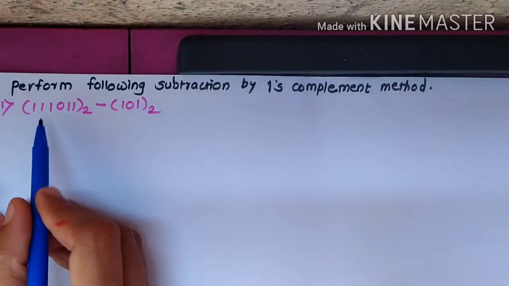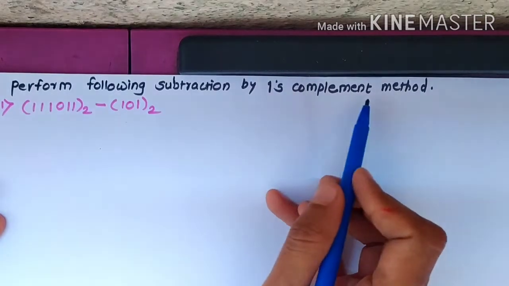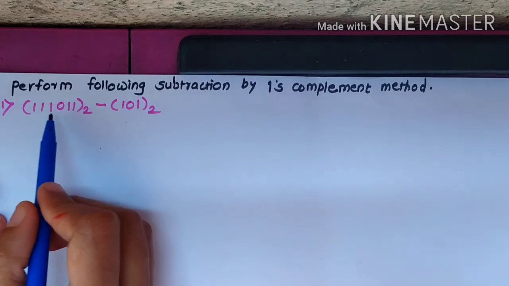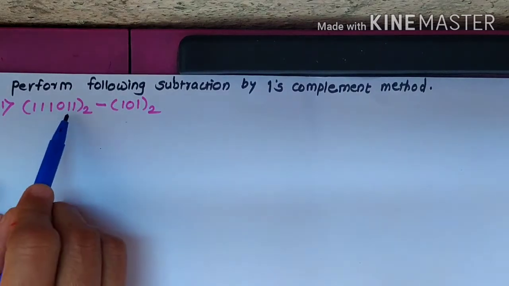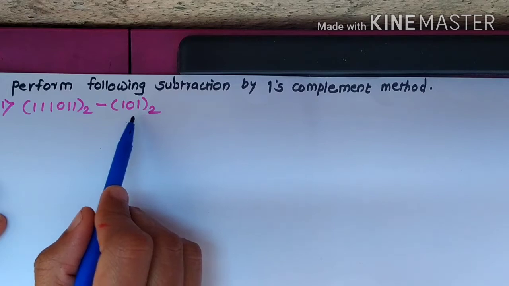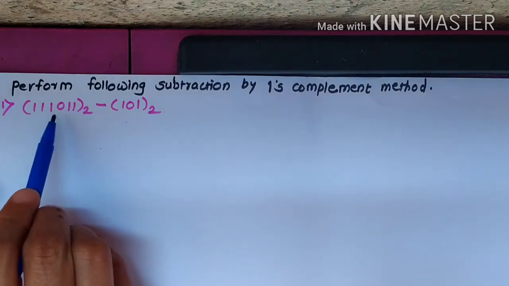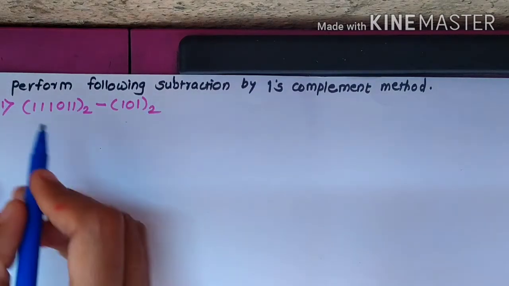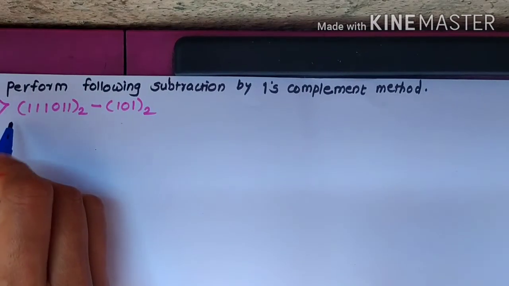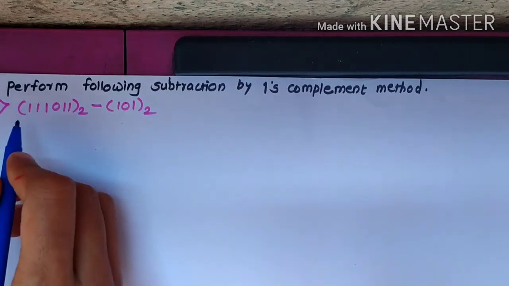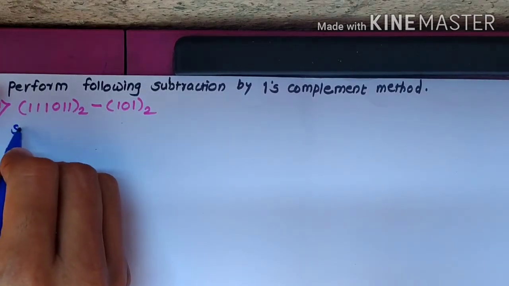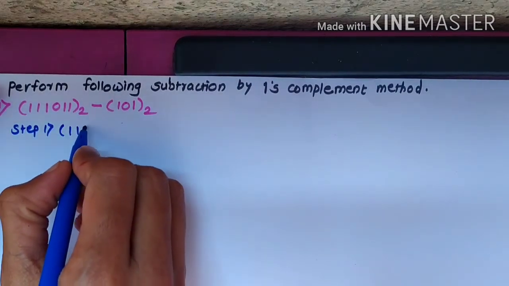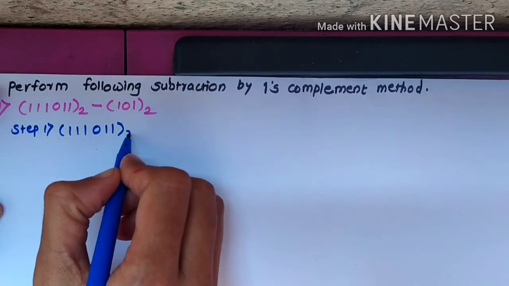Now perform the following subtraction by ones complement method. Let us solve this example. But before solving this example, see the first digit and second digit. In the first digit there are 6 bits, while in the second there are 3 bits. Okay, we have to make the same number of digits first. So step 1: 111011.